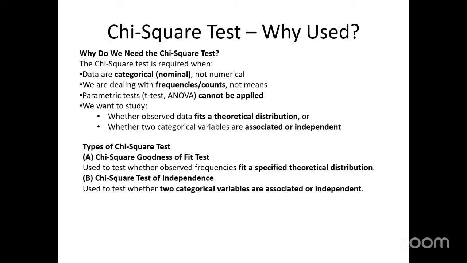Okay. So chi-square test, if you say in layman language, it's kind of a reality check. Like we give reality checks to our friends for some cases. In statistical language, we say that chi-square test is a statistical method used to determine if there is a significant difference between the observed data and the expected data.